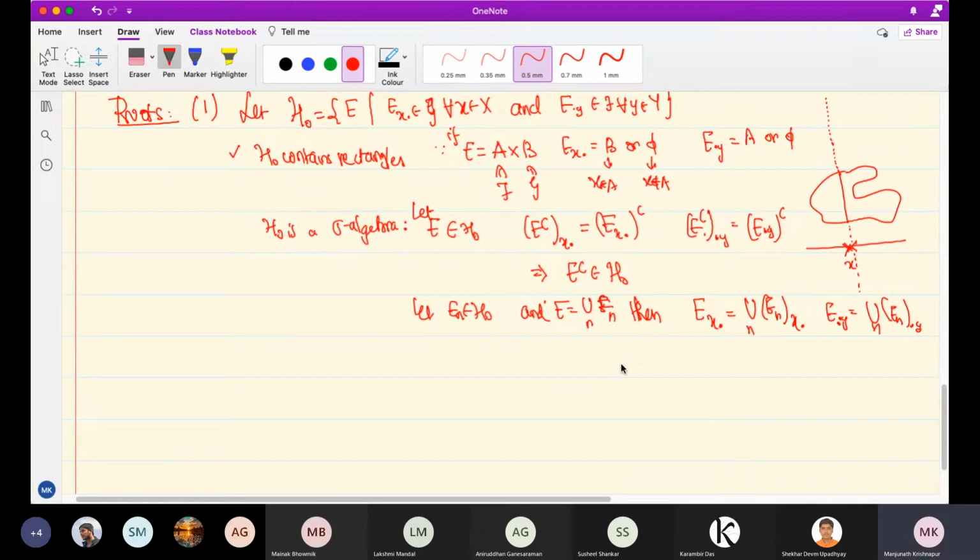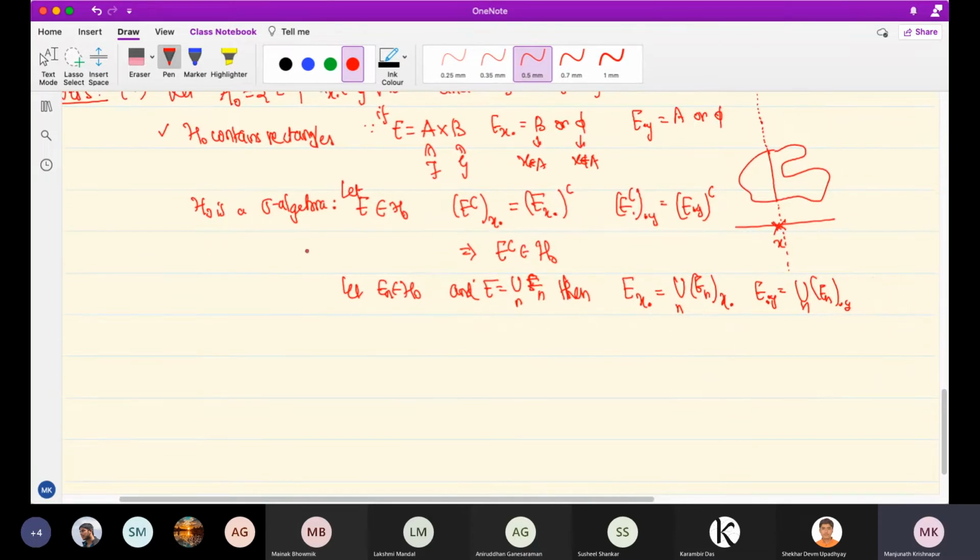That is also clear. What is E_x·? It means all those y such that (x,y) belongs to E. If (x,y) belongs to E, that is the same as saying (x,y) belongs to some E_n. That is the same as saying y belongs to the x section of E_n, and so on. So it's all trivial. Hence we have proved that H naught is a sigma algebra.